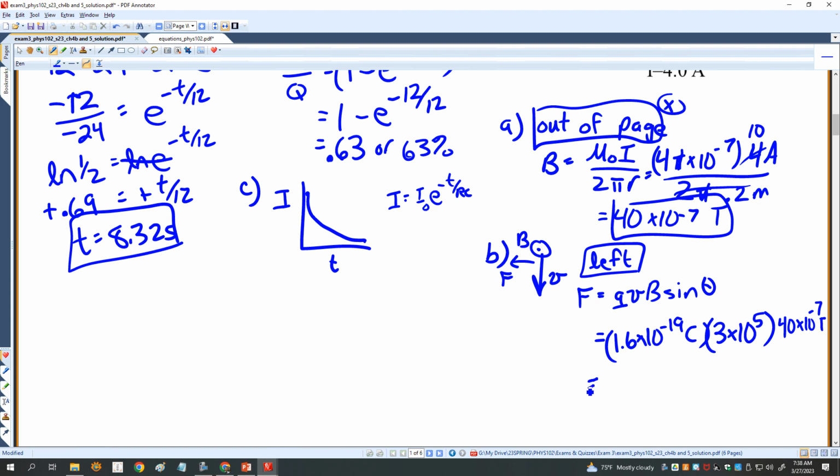All right, so I can do that. I get 1.9 times 10 to the minus 19 newtons. All right, so that's the force that it feels to the left. And that's it for the free response.